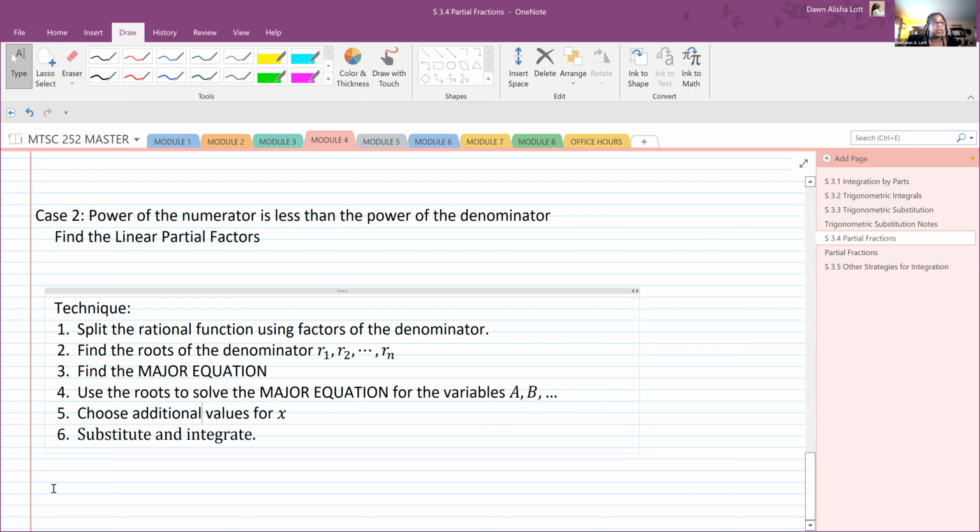Okay, so let's start with some examples, because examples for this section are the best way to go.